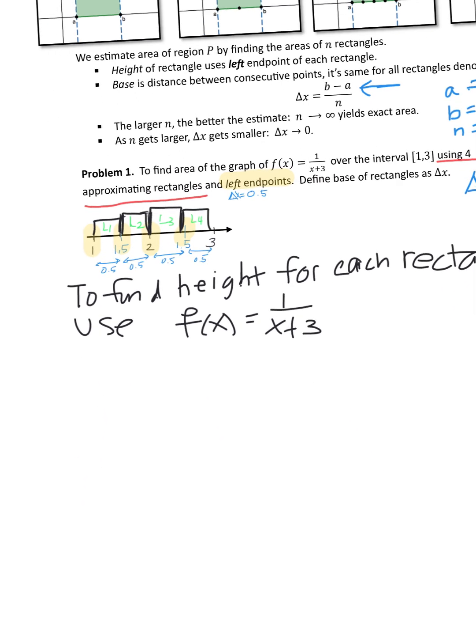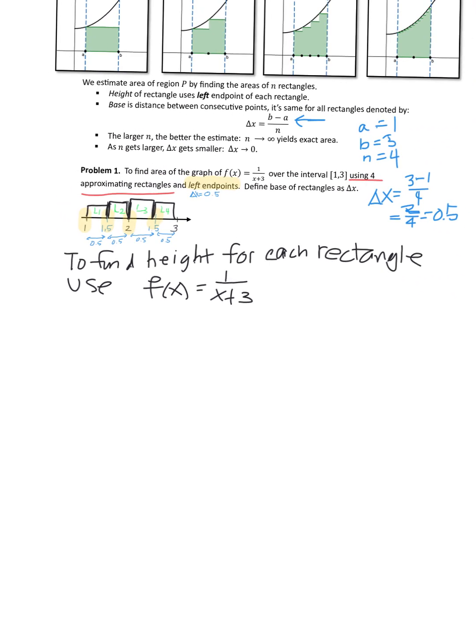Then I'm using the left endpoints, and I will do the following to determine the height. For the rectangle L1, its height is equal to the function f evaluated at 1, and this yields 1 over 1 plus 3, which is 1/4, and that's going to give us 0.25.